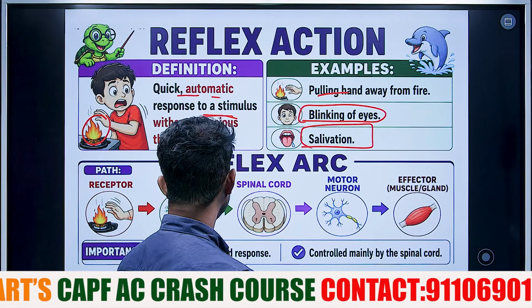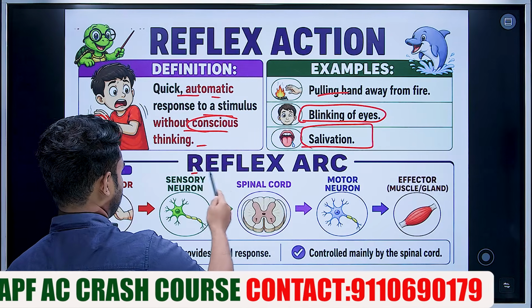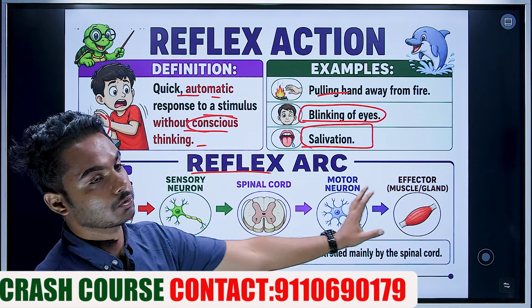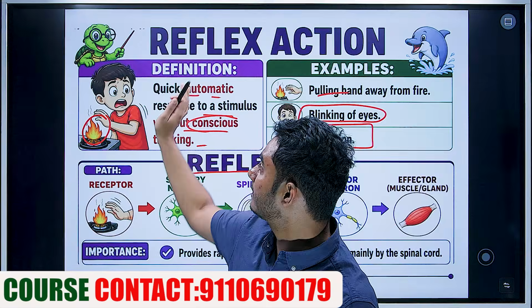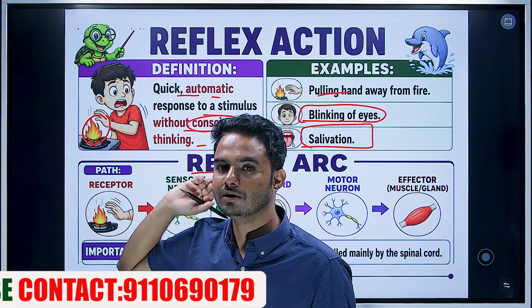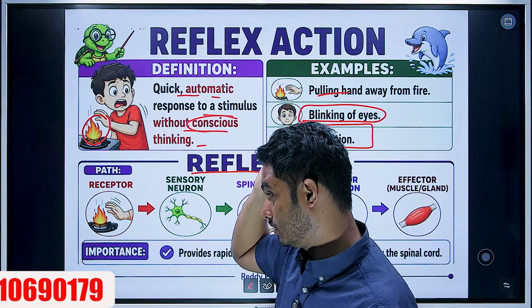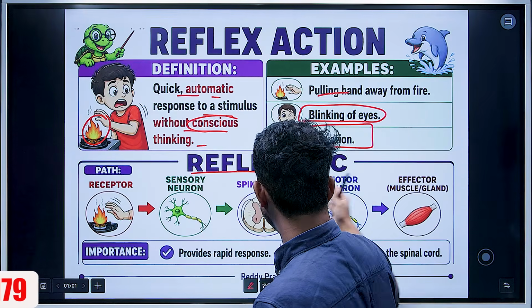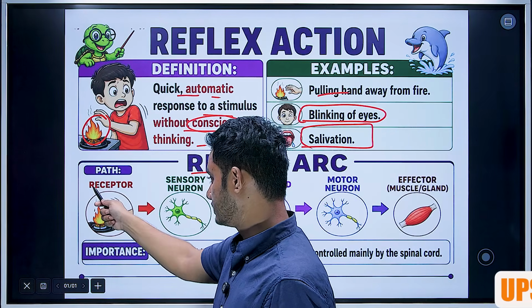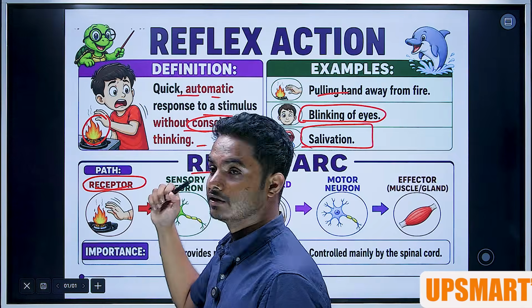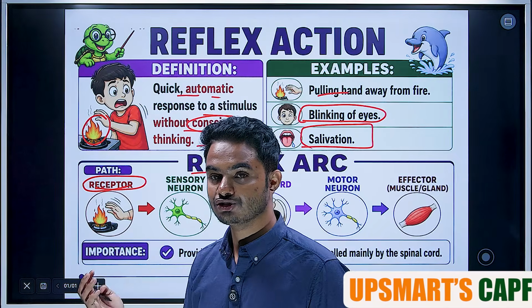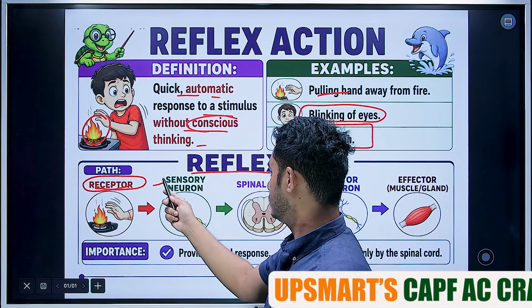Next is the reflex arc. Reflex arc means how the process goes. Reflex action is the involuntary action without consciousness. Reflex arc is how it passes the signals. Firstly, the receptor cells take the stimuli. Then it passes to the neurons.